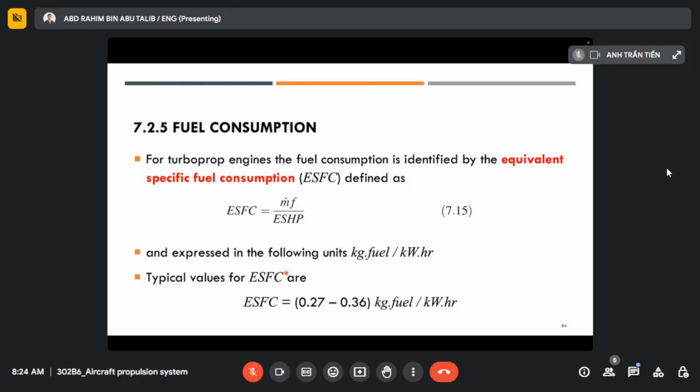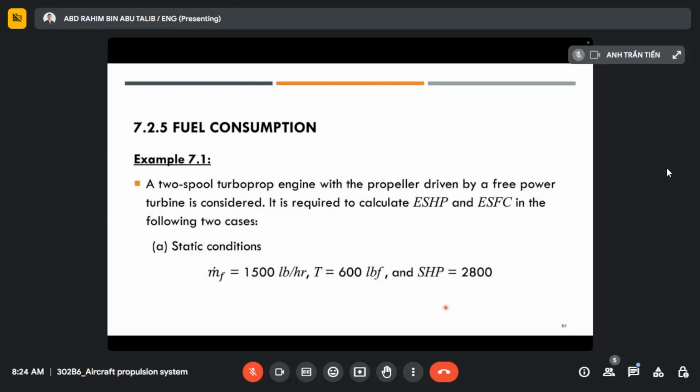Typical values for equivalent specific fuel consumption are around 0.26 to 0.36 kilogram fuel per kilowatt hour, depending on the type of the turboprop engine.